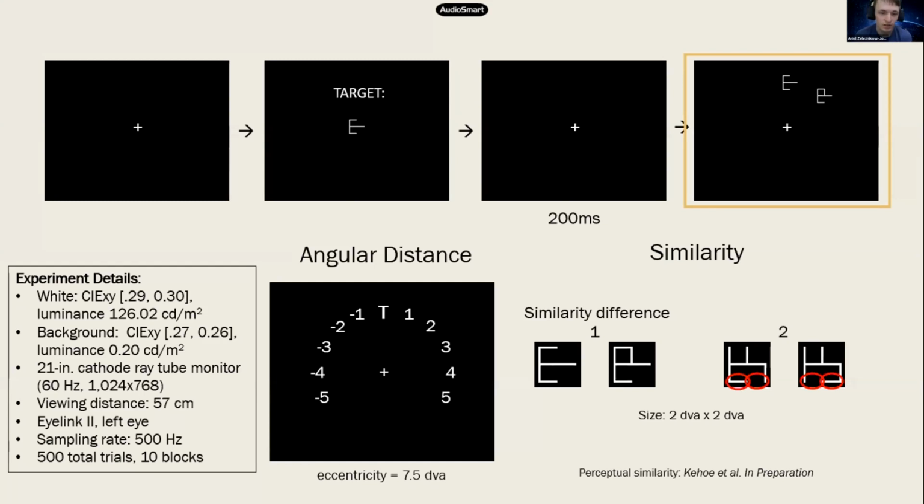So I'm assuming that if you only use one target, people move in a straight line to the target. There's no curvature in a typical saccade from the central fixation to the target.